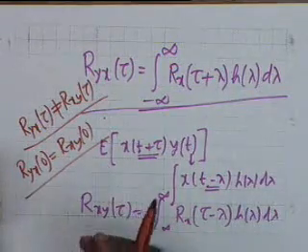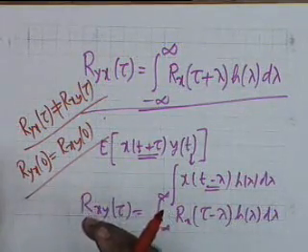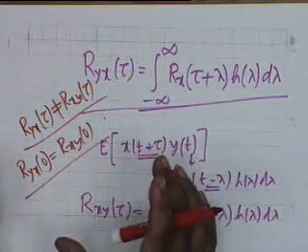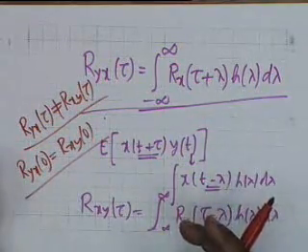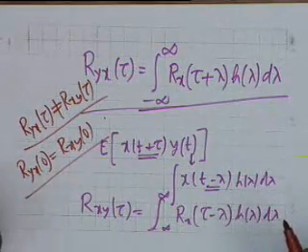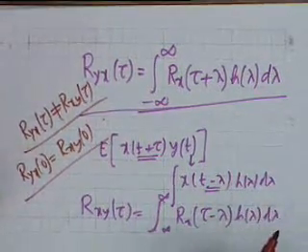The only thing is it obeys the inequality that the modulus of Rxy(tau) is less than or equal to the square root of Rx(0) and Ry(0). Is it okay, Abhay? Or you don't remember? You do remember. That's wonderful.